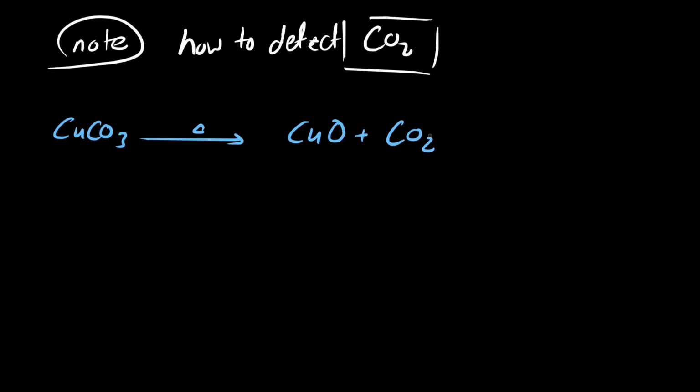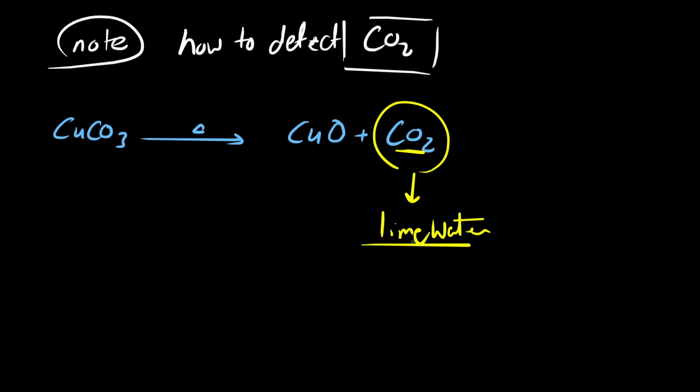So how to detect that this gas is CO2? You basically just put this gas into something called lime water, and it turns the lime water turbid. It becomes turbid and not that clear. And this is how you can detect the carbon dioxide.